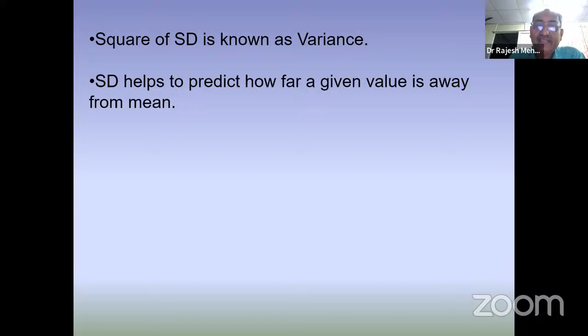Or if the figures are fewer than 30, like these 7 figures, out of the 7 figures, 1 will be near the mean. So 7 minus 1, we do n minus 1. That will be known as the variance. But if we take the square root of this variance, it will be the standard deviation.